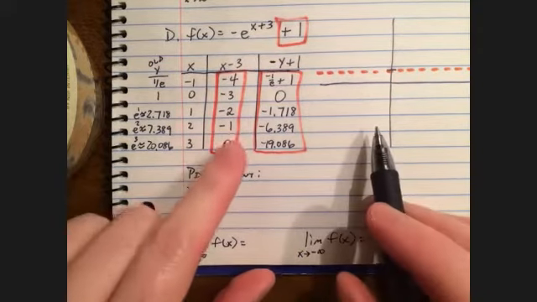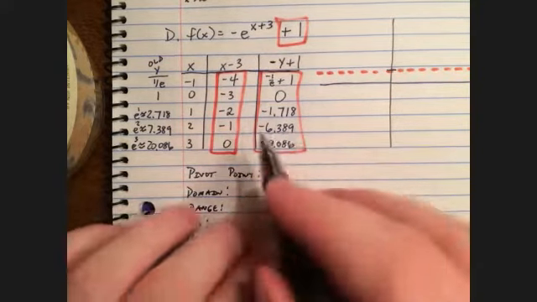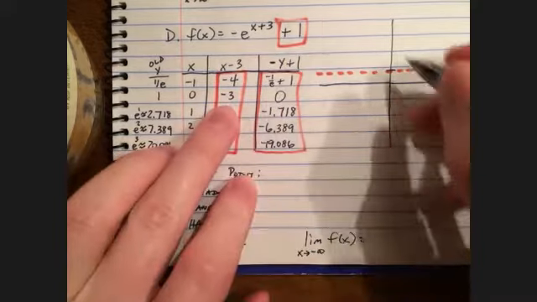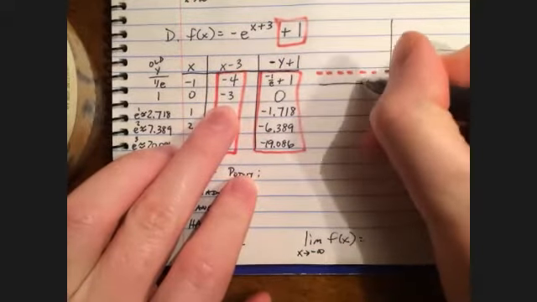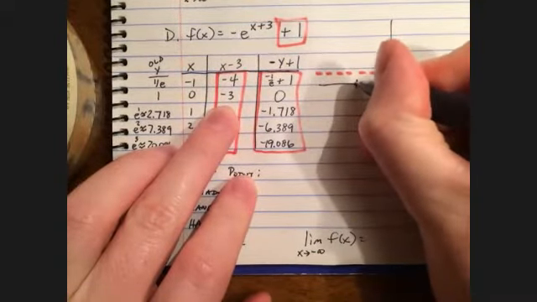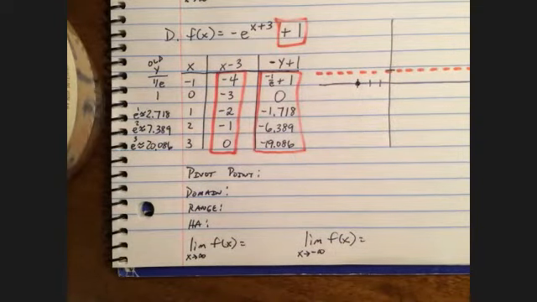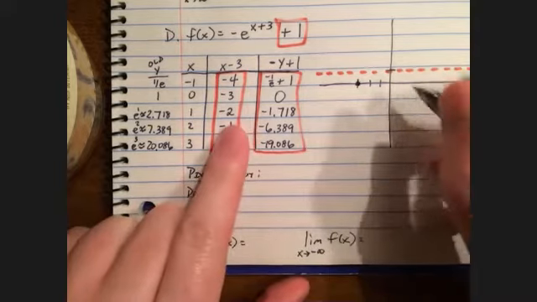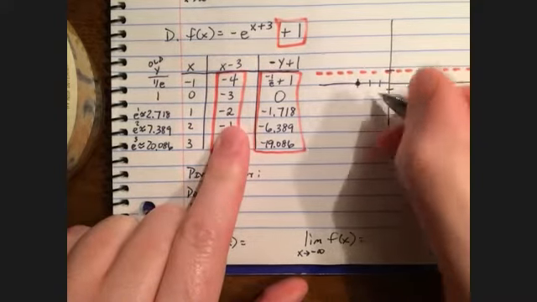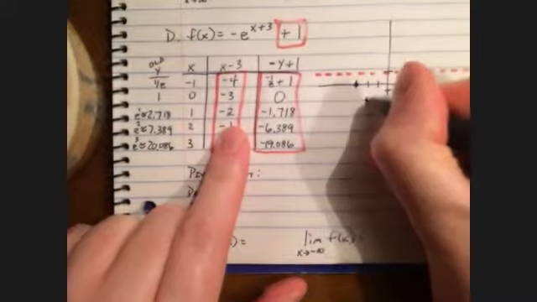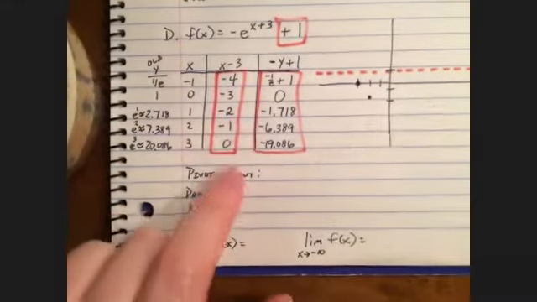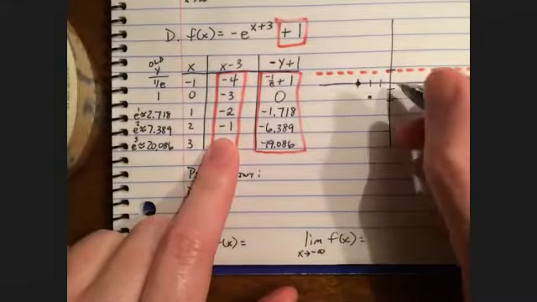Let's see here. We have -4. And I'm not going to plot that one. So -3, 0. Okay, there's that point. -2, -1.78. That's about right here. -1, -6.389.